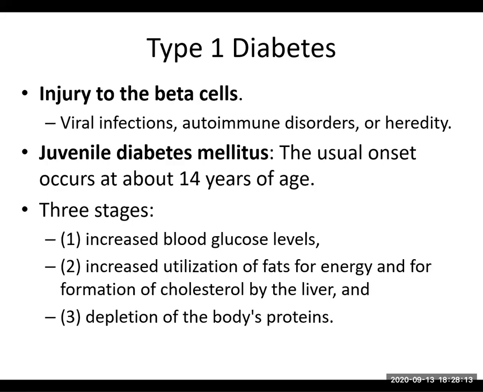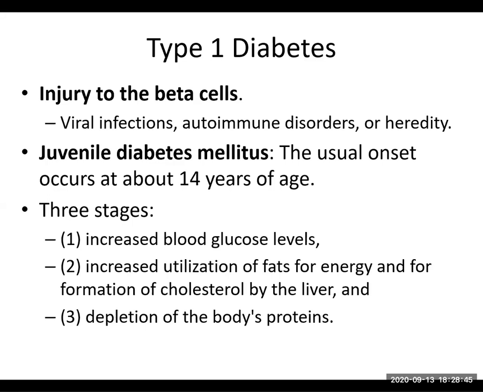However, by age about 14 years old, this damage becomes too much, and the body has too little insulin, and the patient will develop hyperglycemia that's noticeable or detectable, and that's why we call it juvenile diabetes mellitus.